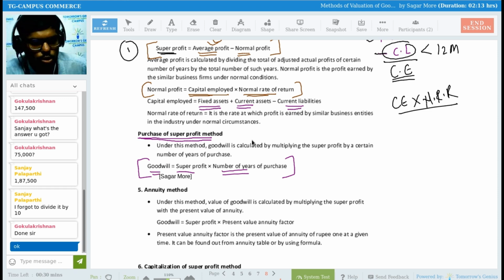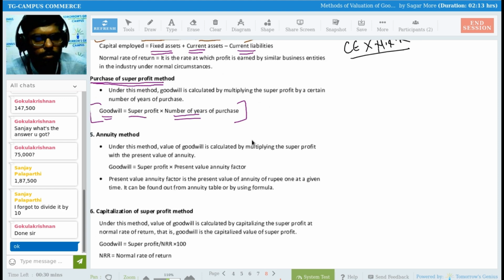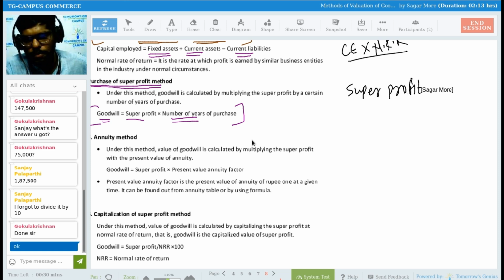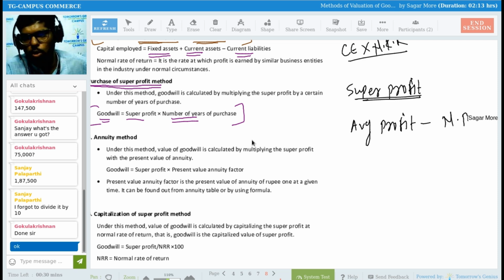If I summarize here, first of all, I need to calculate super profit. So how to calculate super profit? What is the formula? Average profit minus normal profit.